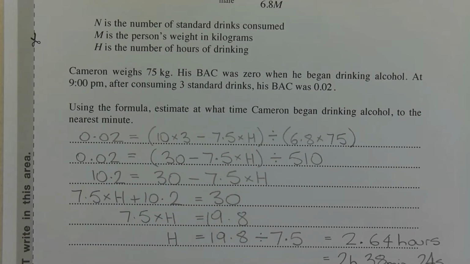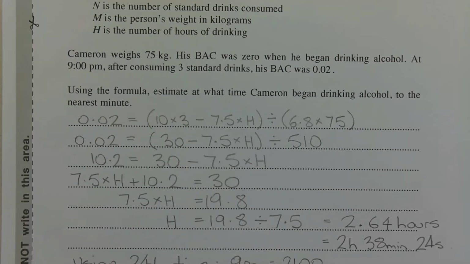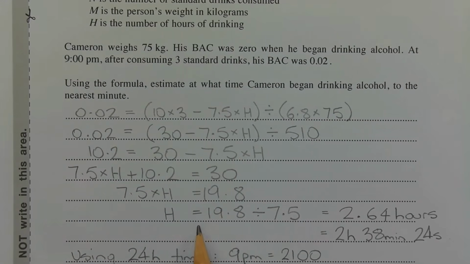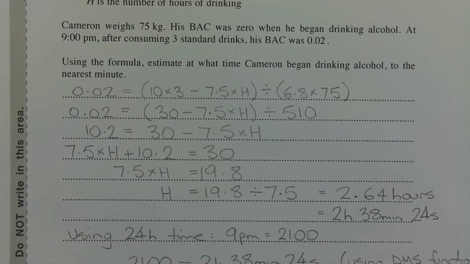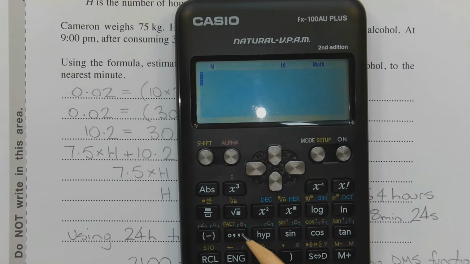Subtracting 10.2 from both sides, we get 7.5 times h is equal to 19.8. And finally, dividing both sides by 7.5, we get h is equal to 19.8 divided by 7.5, which equals 2.64 hours.